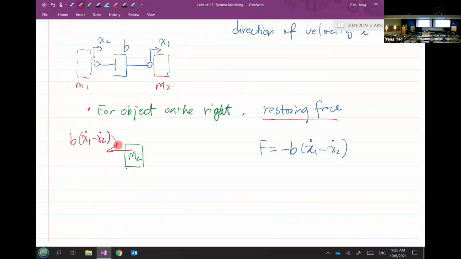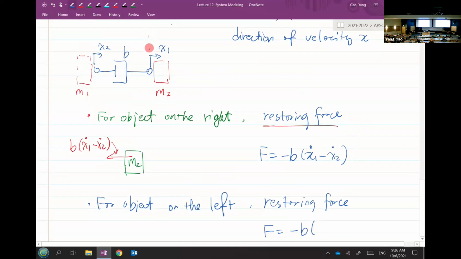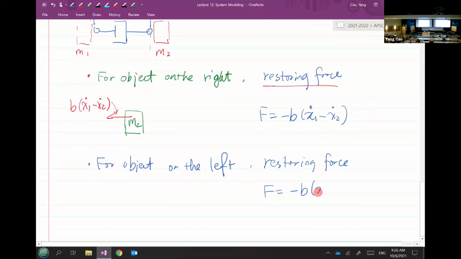Good. So how about the object on the left, which is M1? Then how much restoring force are we talking about? Okay, so then you do the same thing. You fix one end, then you get x2 dot, and then you minus x1 dot, right?